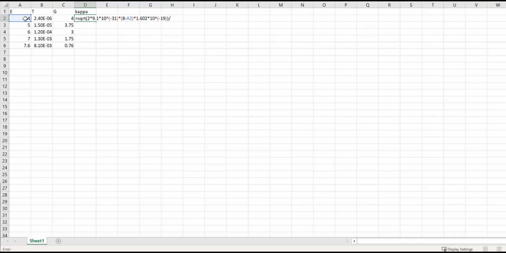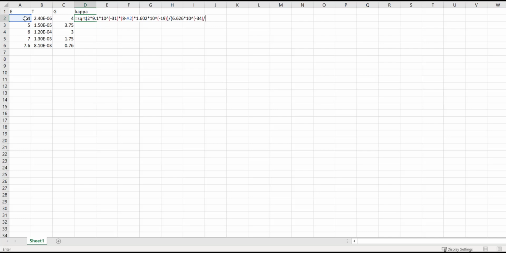Divide by, open parenthesis, 6.26 times 10 to the negative 34. Probably should have used the constants instead to make all of these things easier to write and read.